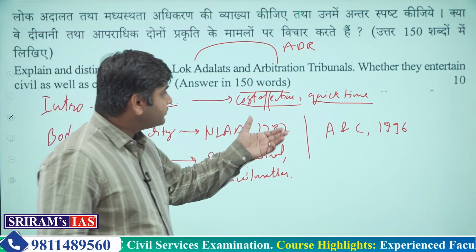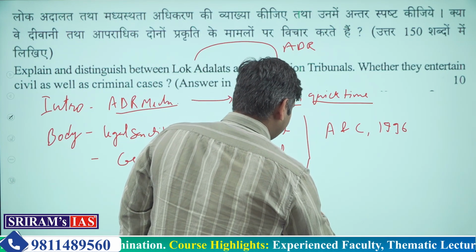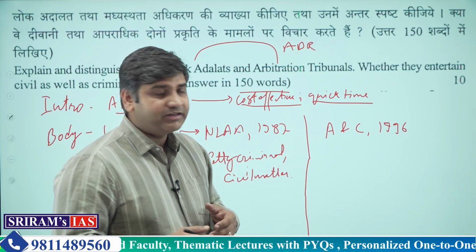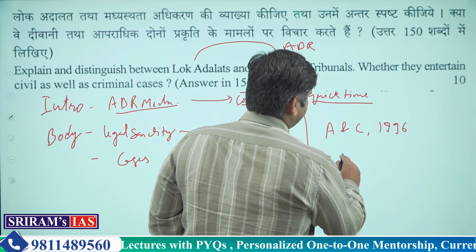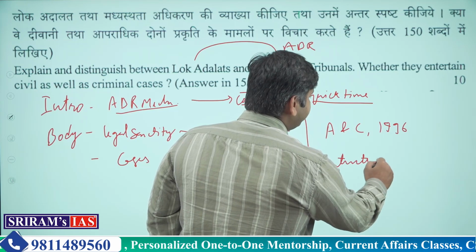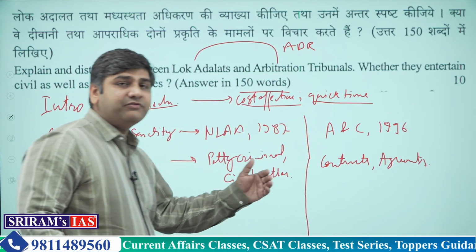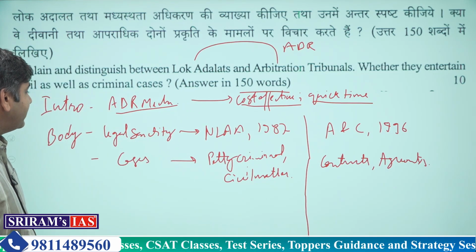At the same time, if you see the arbitration tribunal, they are heavily involved in complex cases relating to contracts, relating to agreements. Okay, so this is the difference between the cases both of them are solving.